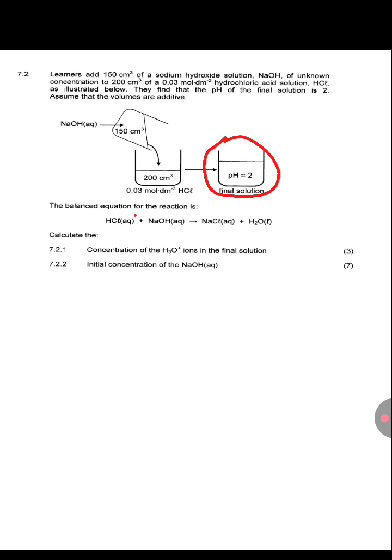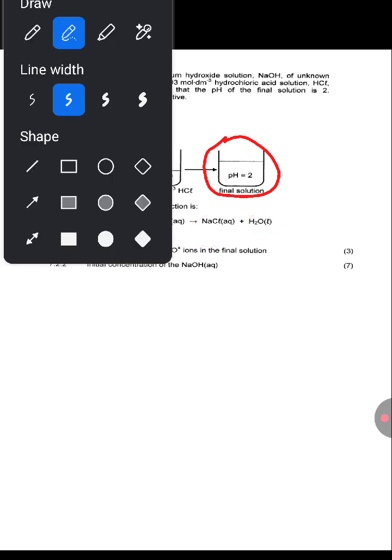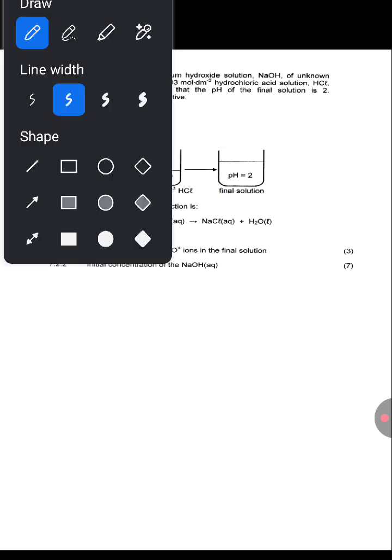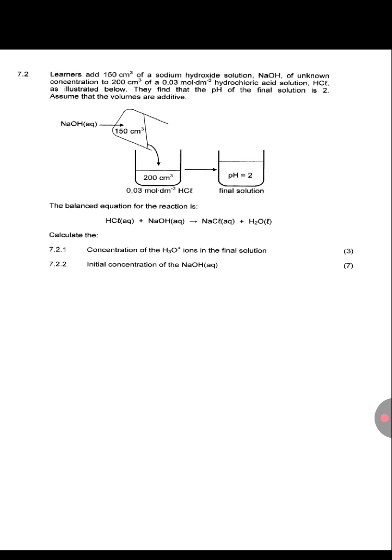And then we have the balanced chemical equation given to us. Now, what is the information here? I said we are going to use the method which says limiting.